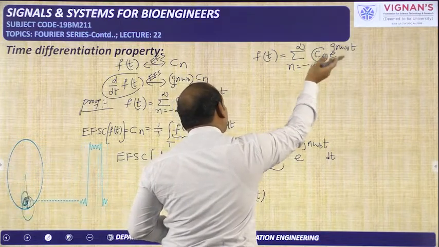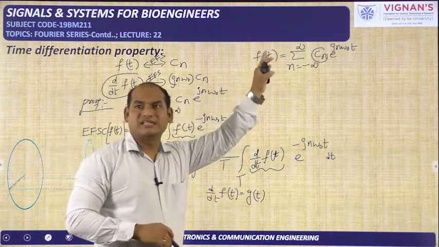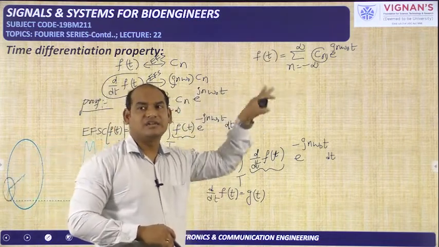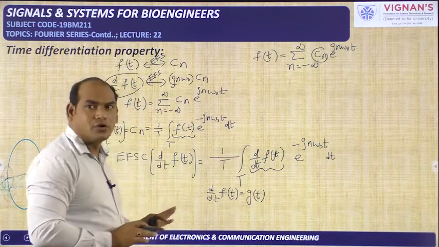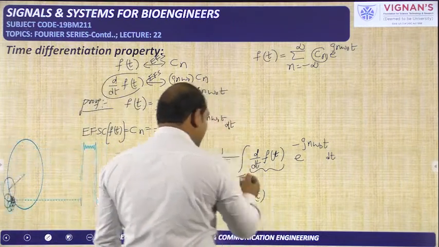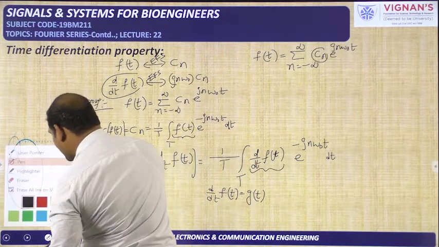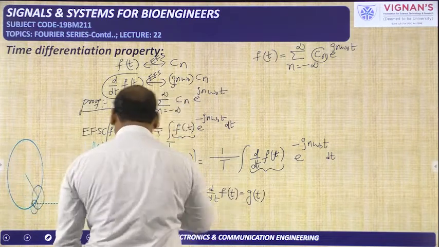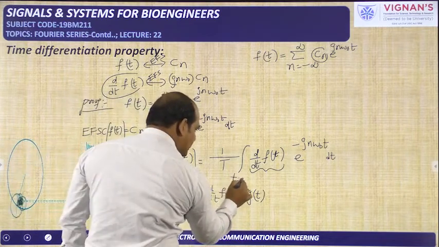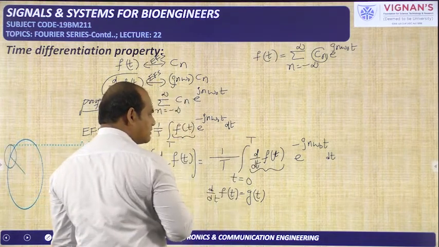In the formula of the Cn, you will observe the f of t, and in the formula of the f of t, you will observe the Cn. After that, we can take the integral from 0 to T also. Here small t is from 0 to T. In this manner, we can observe.